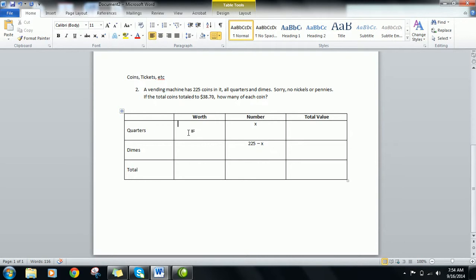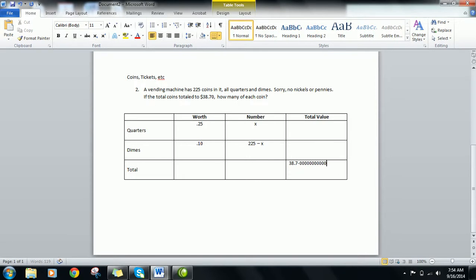I know a quarter's worth 25 cents, so I'll call it 0.25. I know a dime's worth 10 cents, so I'll call the dimes worth 0.10. And at the end of the day, here's my total, so the total is going to go down here, 38.70.